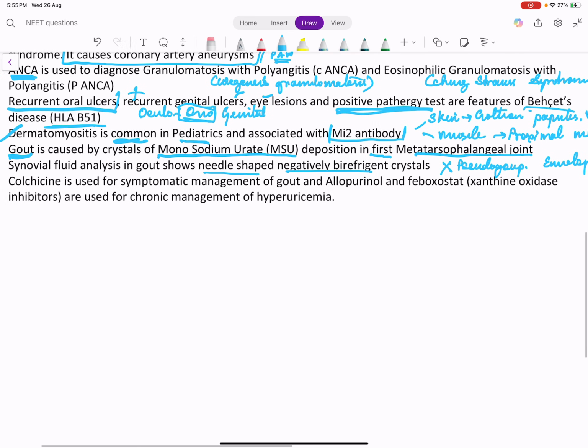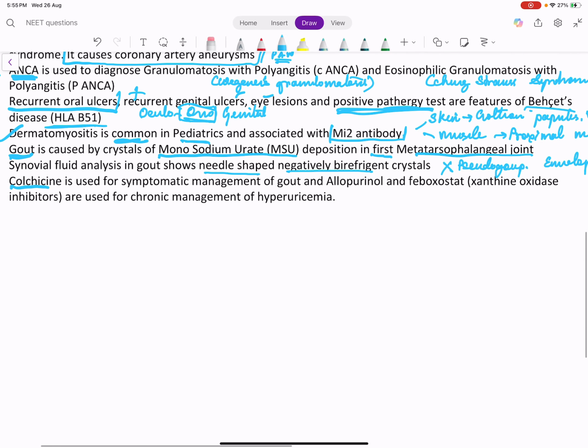Treatment of gout: symptomatic management is by NSAIDs and colchicine. Colchicine is an anti-inflammatory drug. How will you treat the disease or pathology? The disease-modifying drugs are those which reduce uric acid production, that is, xanthine oxidase inhibitors, allopurinol and febuxostat.